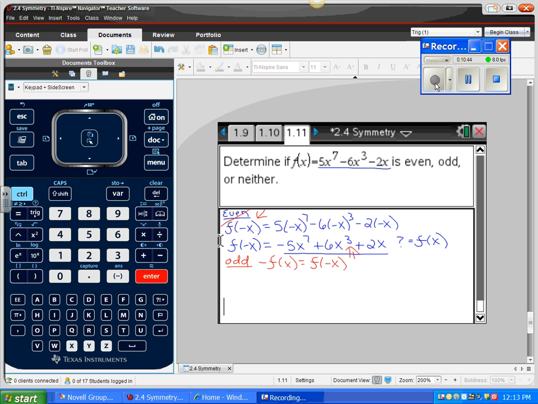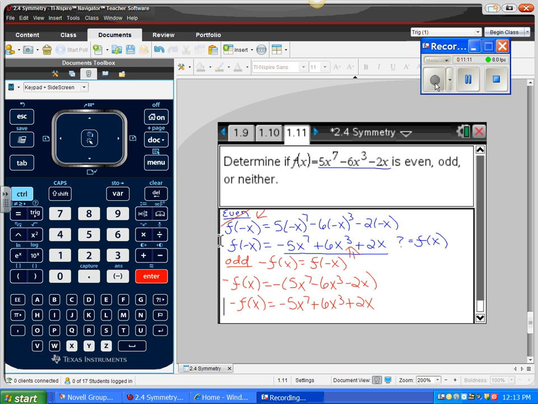So we want to know if multiplying my function by negative will give me that same solution. So negative times f of x equals negative times my entire polynomial. So we're going to distribute that through. So does that equal f of negative x, which is what we already found?